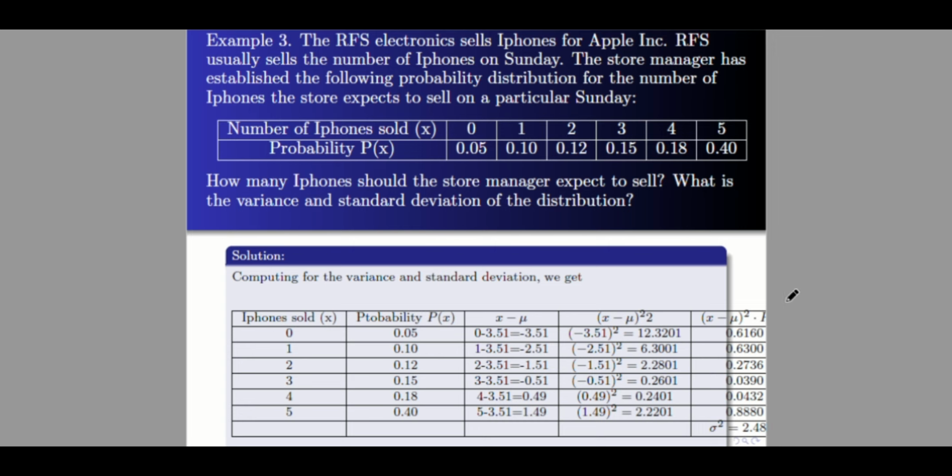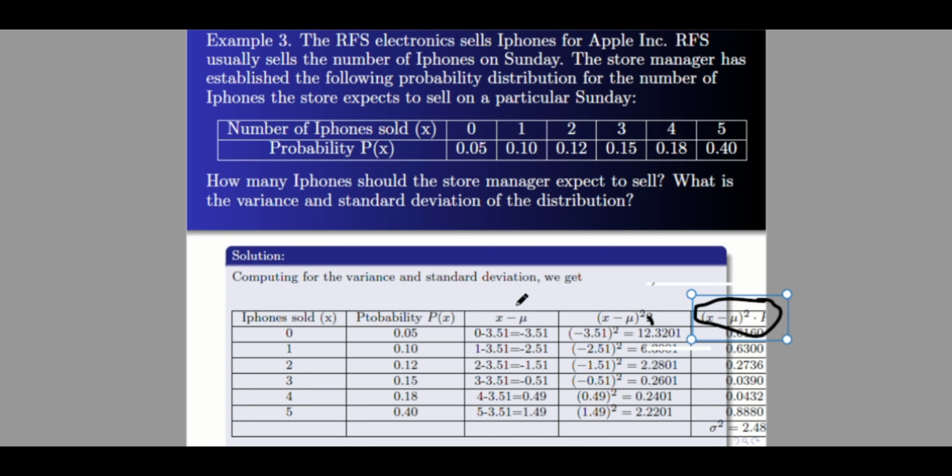So in the formula, this is the main formula: the square of x minus mu times the probability of x. So by GEMDAS, of course, we will start with the grouping symbol. The grouping symbol is x minus mu. And then the exponent, so we'll then have the square. And then next we will multiply this by the probability of x. That's why we have this.